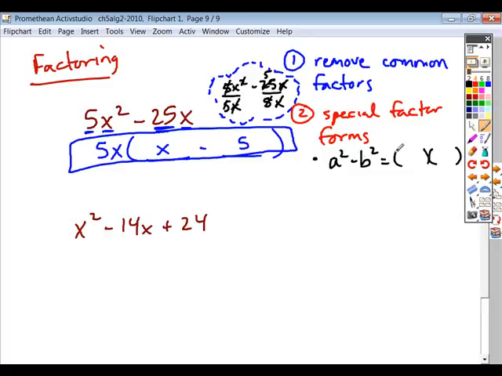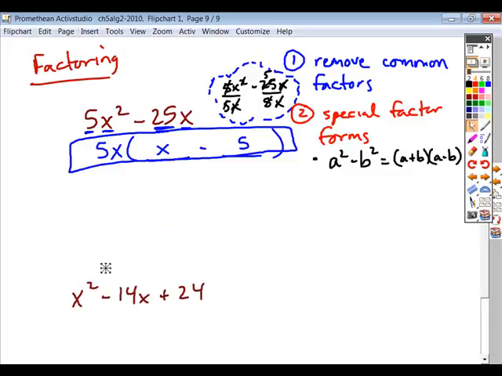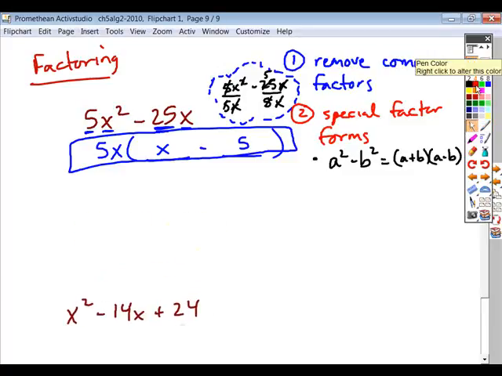You're going to take the sum of the terms that are being squared times the difference of those terms that are being squared. Okay, so again, if I gave you something like this, we're looking at a binomial in this particular case, and this will always only apply if you're dealing with a binomial with a subtraction sign between the terms.